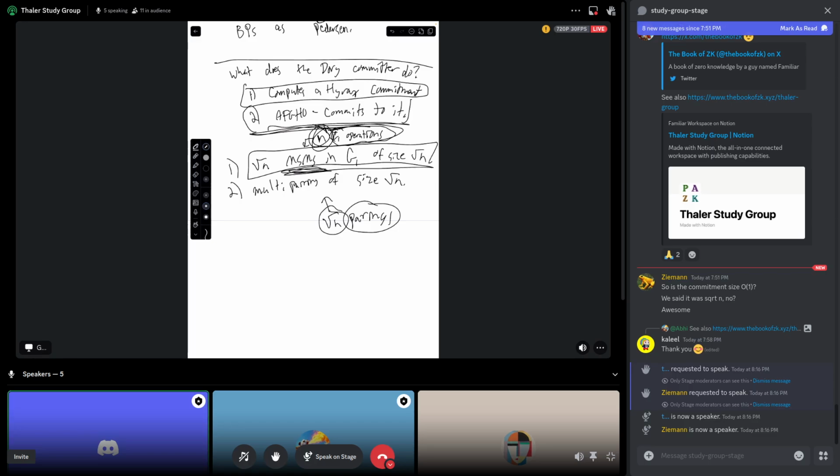So if n is big enough, the more-of-them thing dominates. G1 operations versus pairings are good for one being fast, but root n versus n is good for two being fast. And so which dominates depends on how big n is. Does that clear things up? Yeah, totally. Thank you.